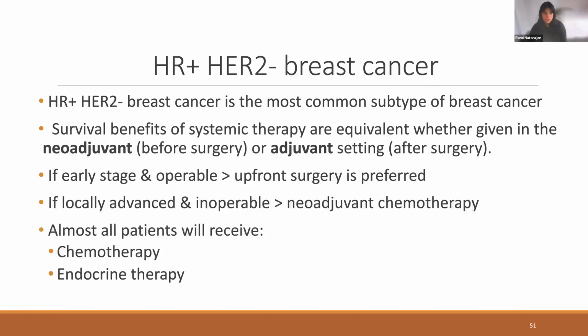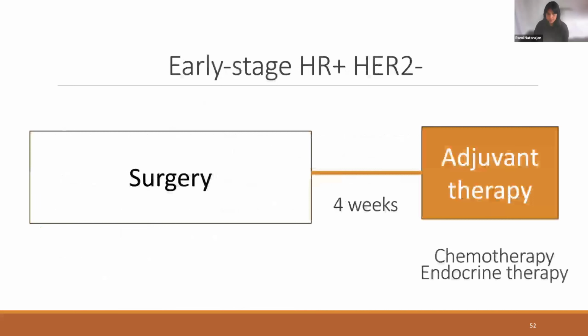If locally advanced and inoperable, we do neoadjuvant chemotherapy. And for ER positive breast cancer, almost all patients, except for those with the very lowest risk, will receive some form of chemotherapy, and all patients will receive endocrine therapy. So for early stage, we'll do surgery.